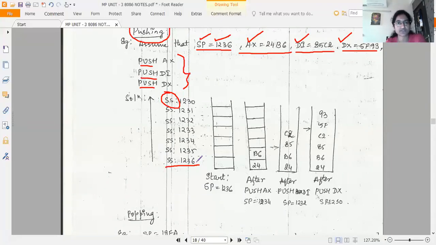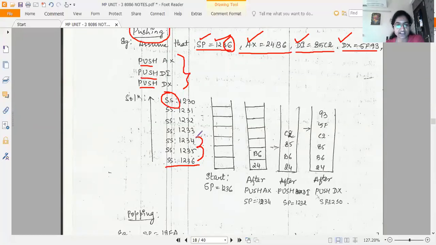of a particular instruction. So the first instruction is push AX. Now what is happening in push AX? Before push AX, your SP is pointing to 1236. During the push instruction, the lower byte is loaded onto the lower address. The memory location earlier to 1236 will be 1235.